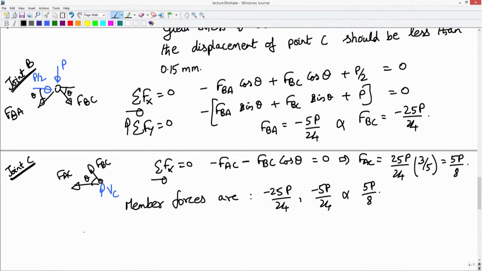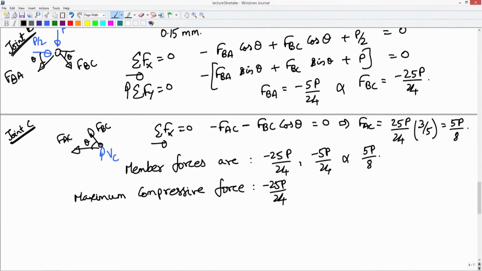So, what is the maximum compressive force? Maximum compressive force is minus 25 P by 24, in member BC. Now, what is the allowable compressive force?